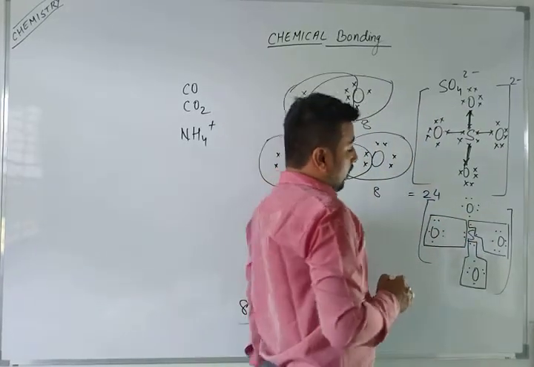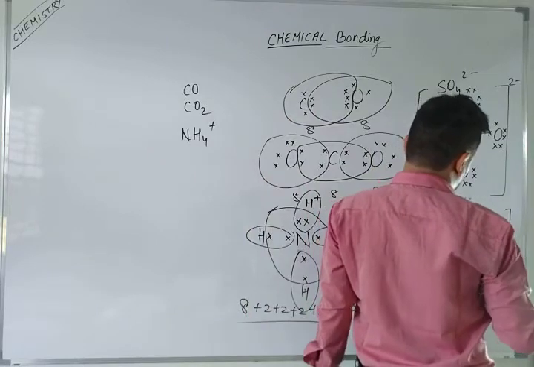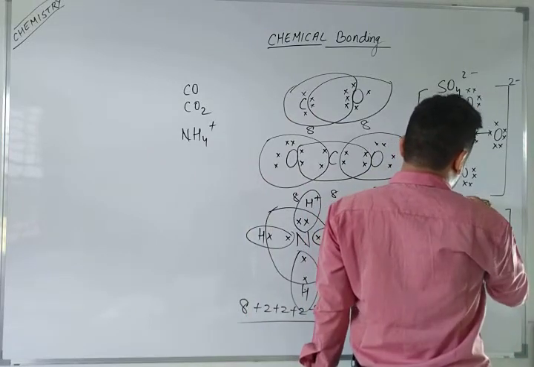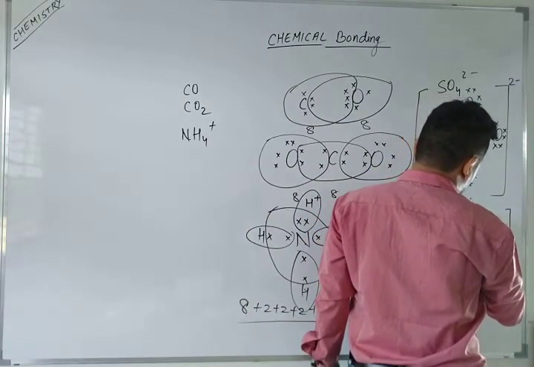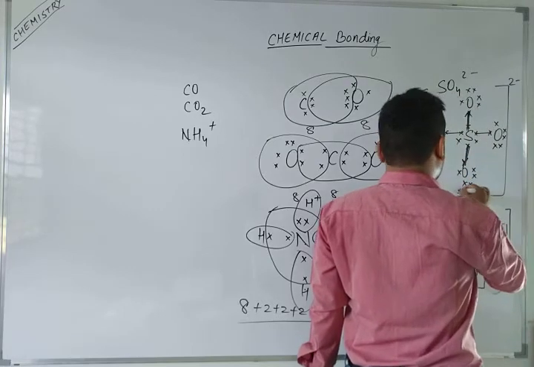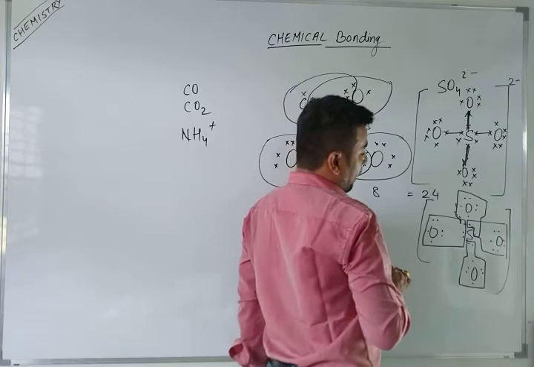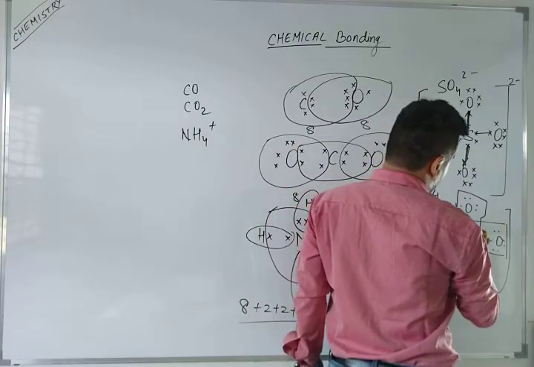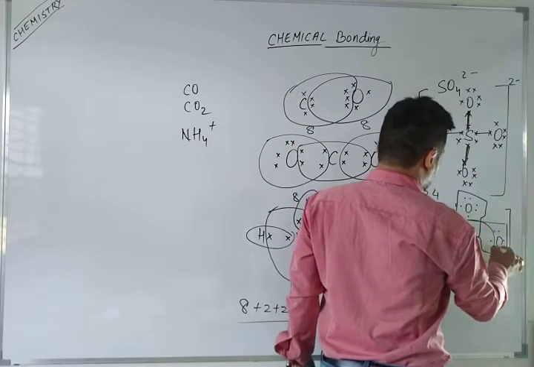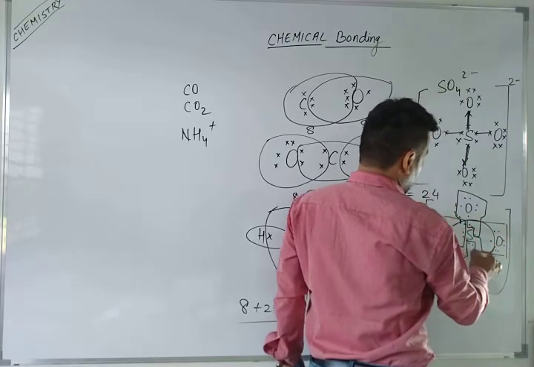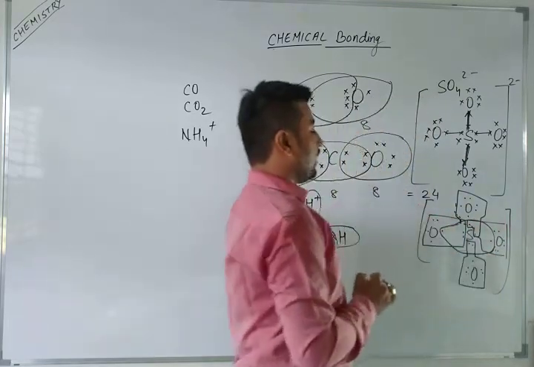But what about this oxygen? Now if they have shared pair, again there will be a half sharing of 1 electron. So that's why here there will be this shared pair of electrons. So you will see here all the oxygens have an octet, and here 1 electron sulfur will take from these 2 oxygens, and sulfur will complete its octet.